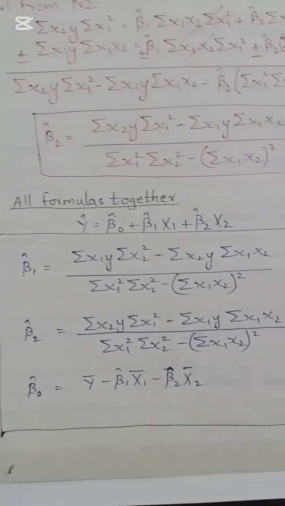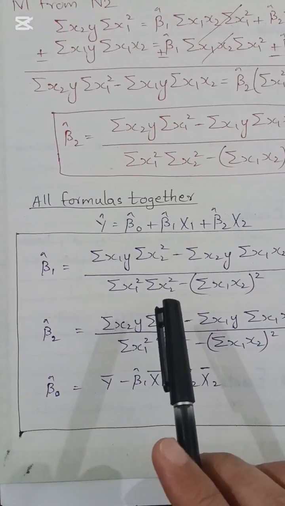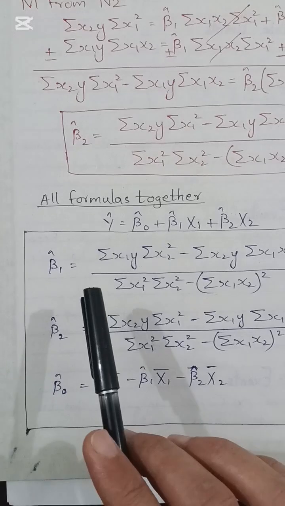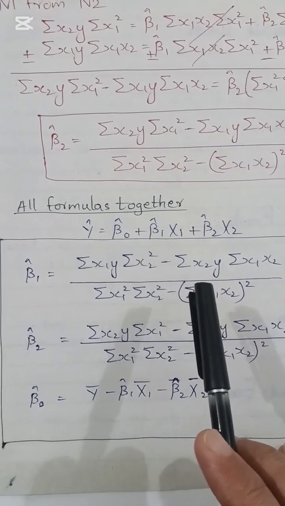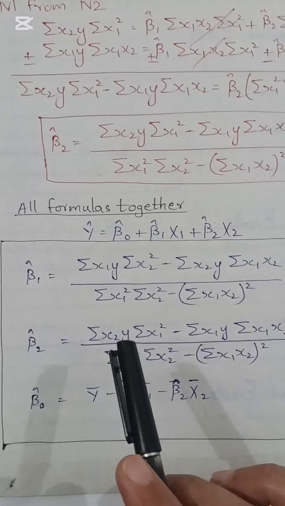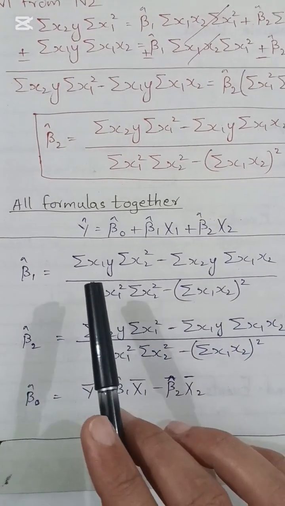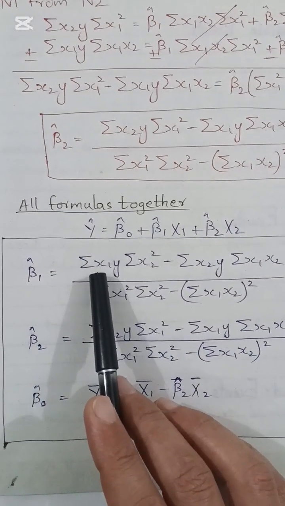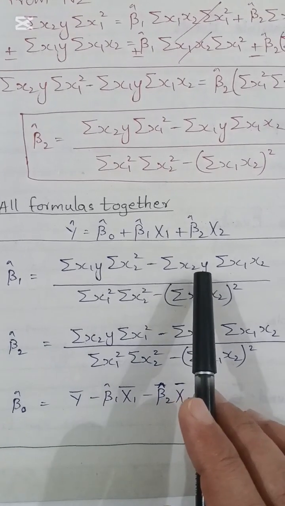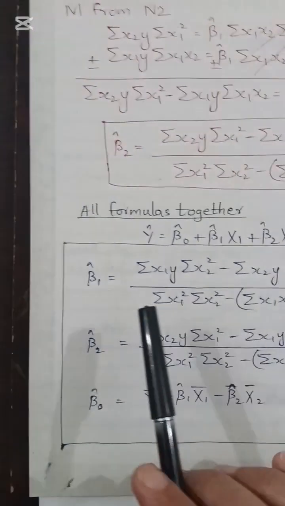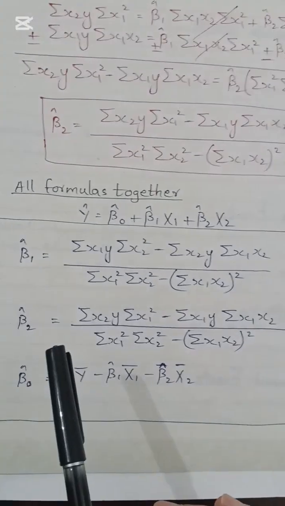Where? Here you can see these are the formulas for our coefficients in the multiple linear regression for two independent variable case. Look at this formula. You have already found sum of x1 y, and you have already found sum of x2 y. You have already found the beta 1 hat.